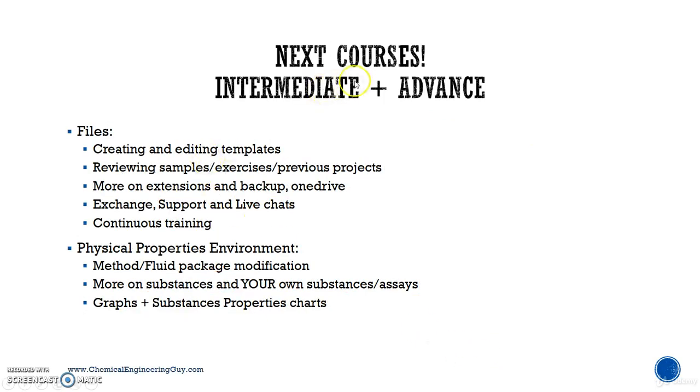Typically, in the intermediate and advanced courses, we will see much more technical stuff such as creating templates, how to check out previous projects, extensions, how to use the OneDrive, how to get some support, and some continuous training as well.